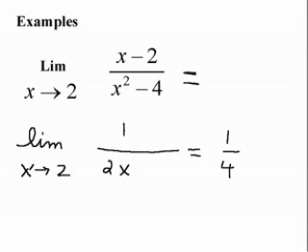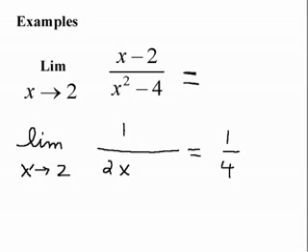In this particular case, I can check my answer because I know that the original denominator, x squared minus 4, factors into x minus 2 times x plus 2.